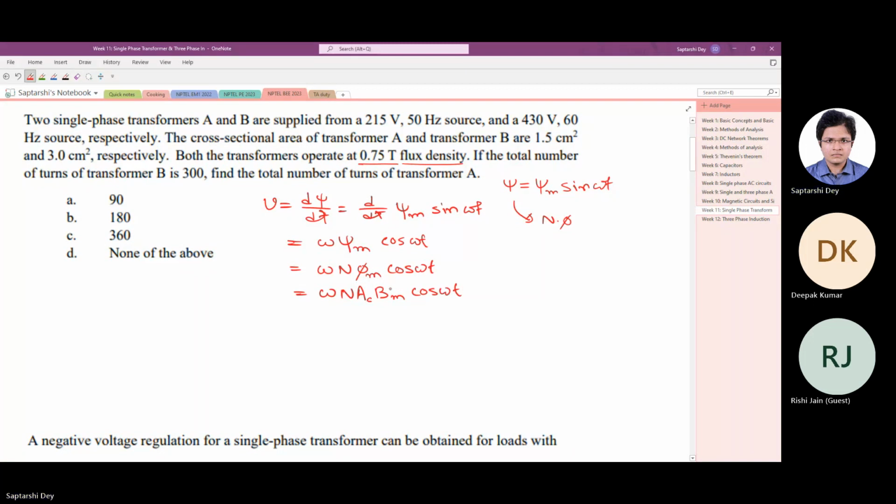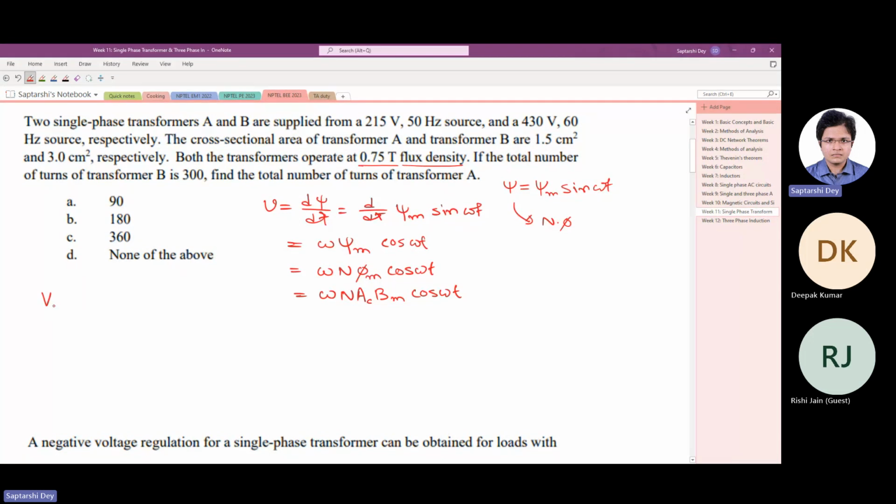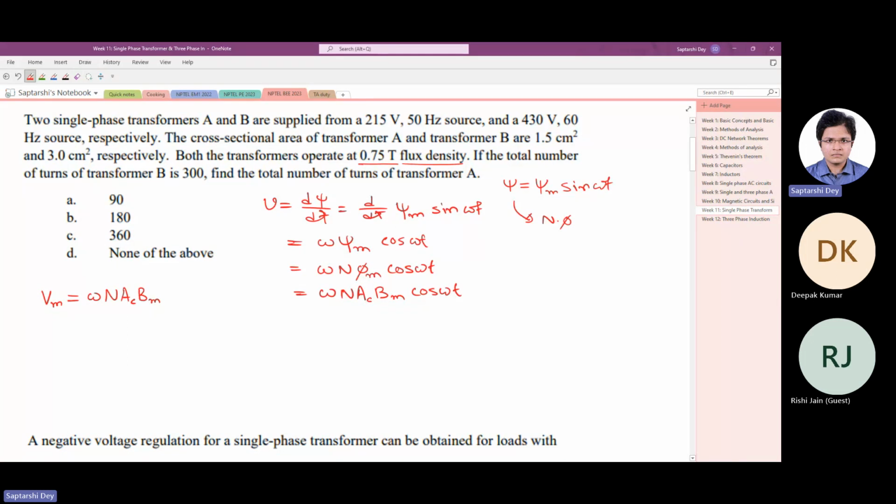You can see that this is the instantaneous value of the supply voltage, a sinusoidal supply. From here you can say that the peak supply voltage Vm is omega N AC Bm.